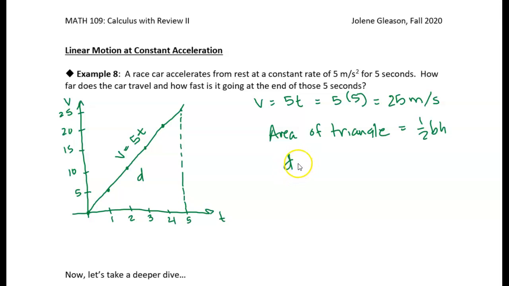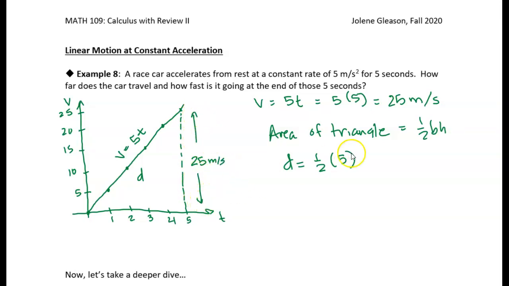So that tells me that the distance is 1/2 times the base. I can consider the time axis to be the base, which is 5 seconds long. So my base is 5, and the height is this final velocity here. So this is 25. The height of this triangle is 25 meters per second.